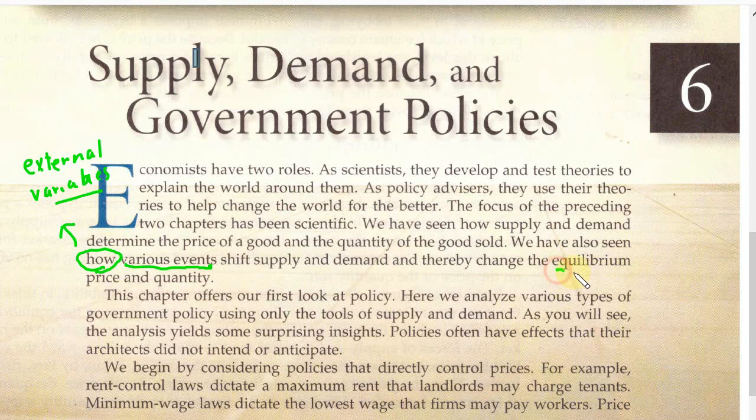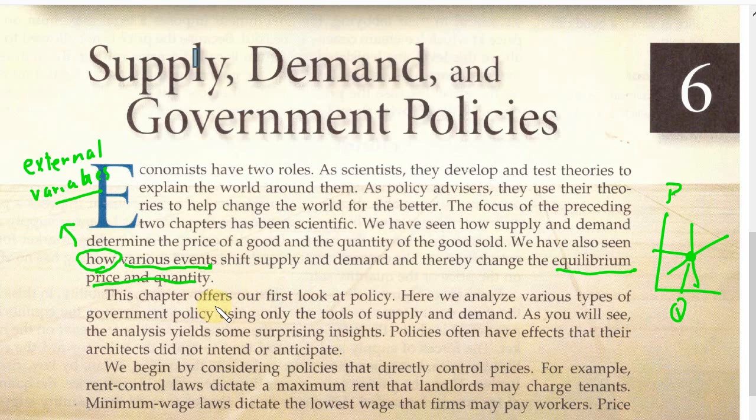The equilibrium is the point where supply and demand meet, which determines the price and quantity, as you have already studied. The equilibrium is price and quantity. I told you again. So we have already studied this.